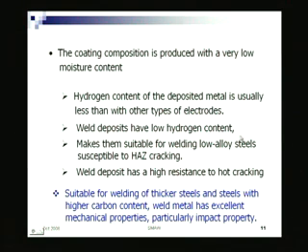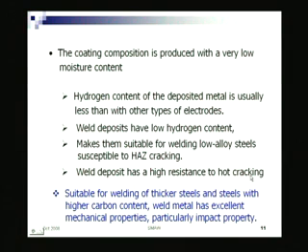Weld deposits have low hydrogen content, which makes them suitable for welding low alloy steels susceptible to hydrogen heat affected zone cracking. So, these basic electrodes are suitable for welding of low alloy steels, meaning higher tensile strength steels. If you have to weld high tensile steels, you have to use basic electrodes, because low alloy steels are generally high tensile steels.